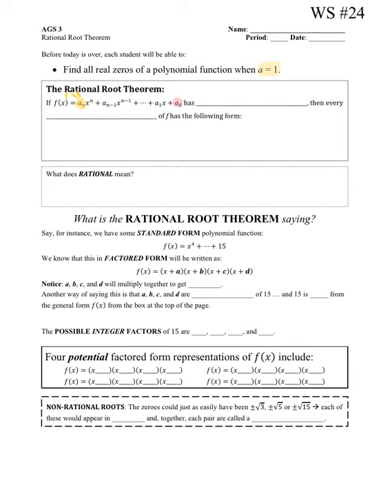All right, so if f of x has integer coefficients, that just means no fractions, then every rational zero, we're going to call these rational zeros. These are zeros that we can find.